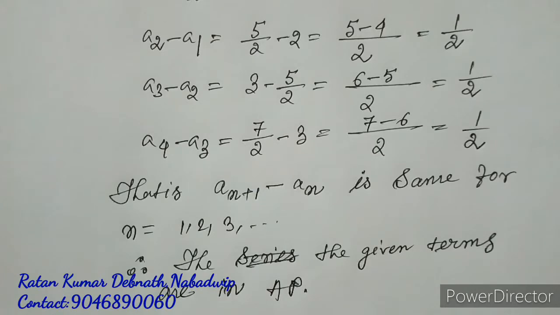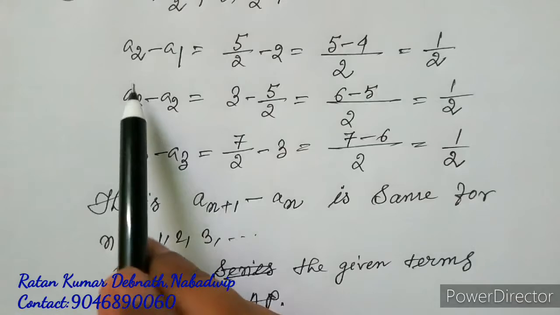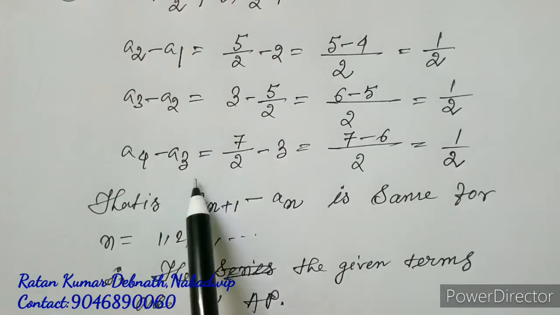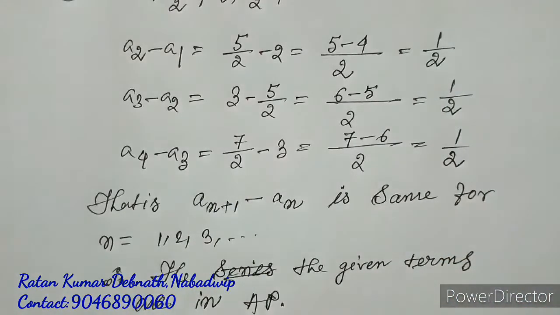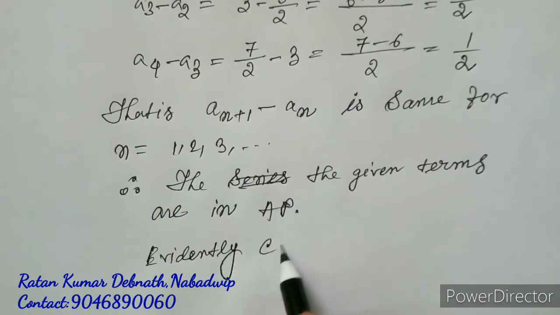Since the given terms are in AP, we have to find out the common difference and 3 more terms. We observe that in all the cases, a2 minus a1, a3 minus a2, a4 minus a3, the difference is half.